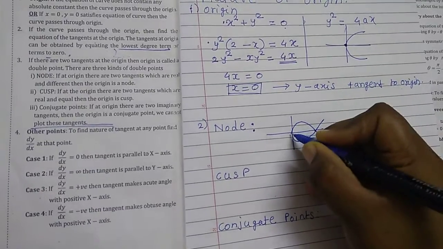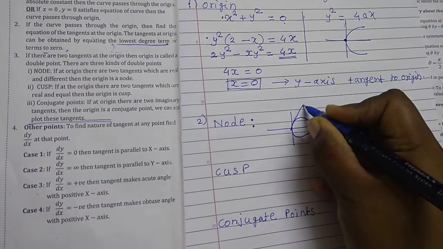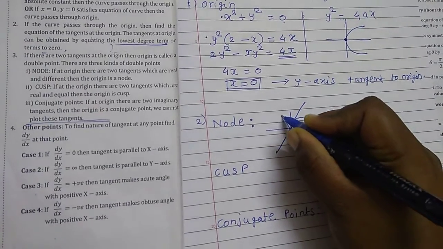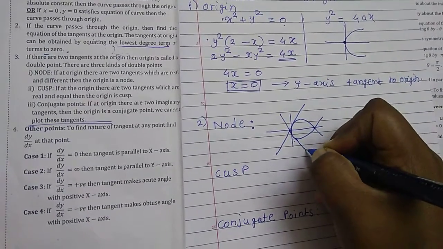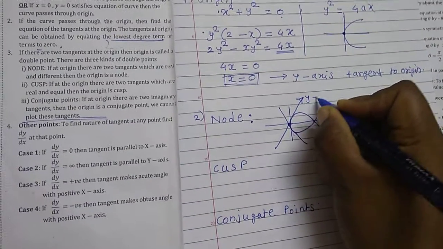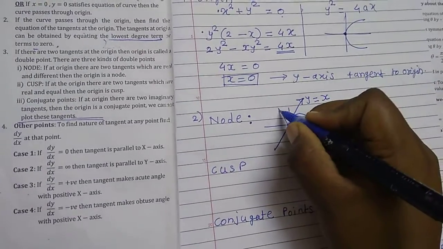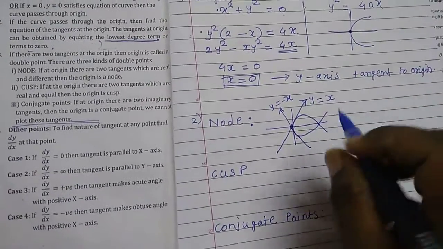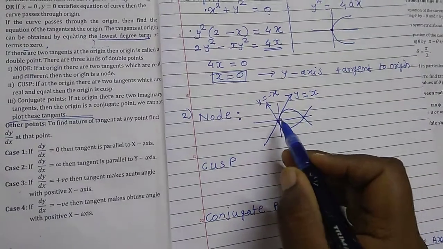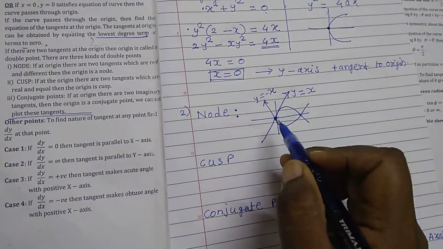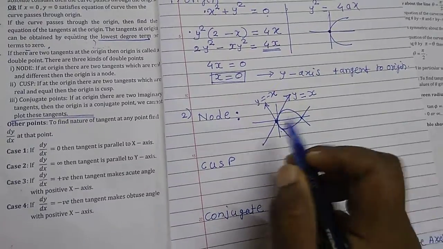So what we have? Two tangents passing through origin. Two different tangents. Here tangents are x equals to y and y equals to minus x. Okay. We have two tangents passing through origin which are different, and therefore we have node at this point.